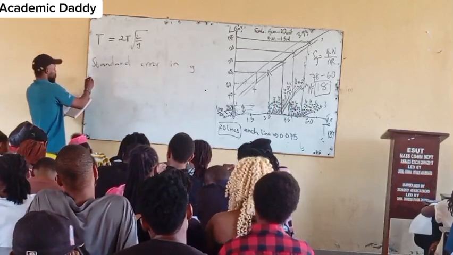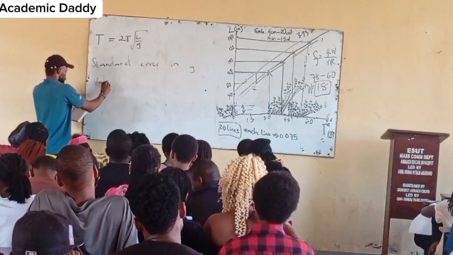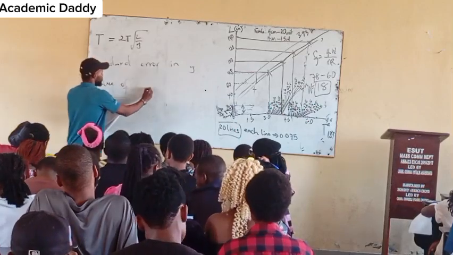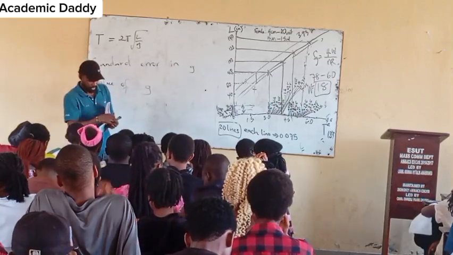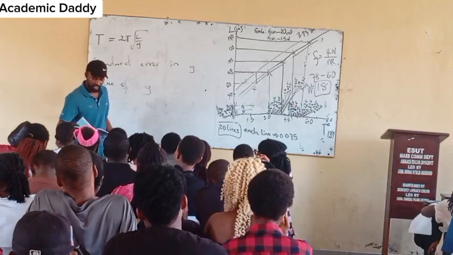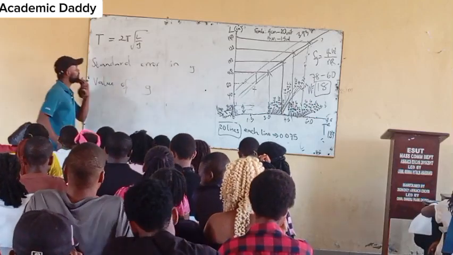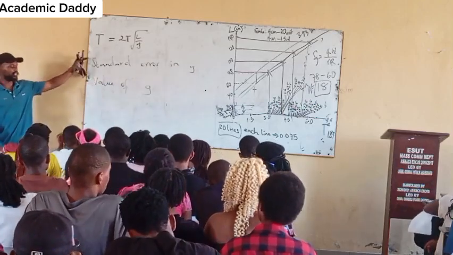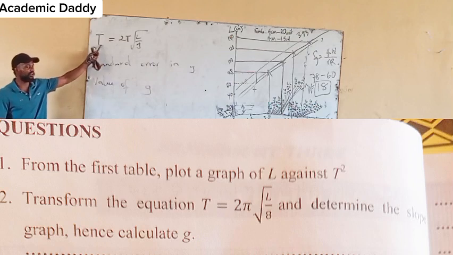Some of you will not pay attention. The minute I finish, you come and ask me the value of g from the graph. That is the most important thing. The person that has this value, please read what they say we should do.